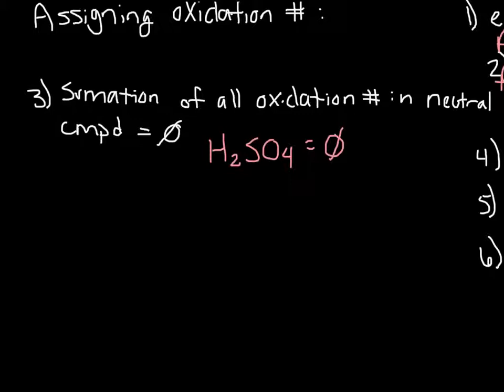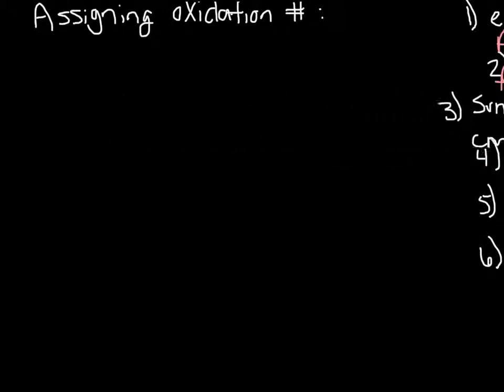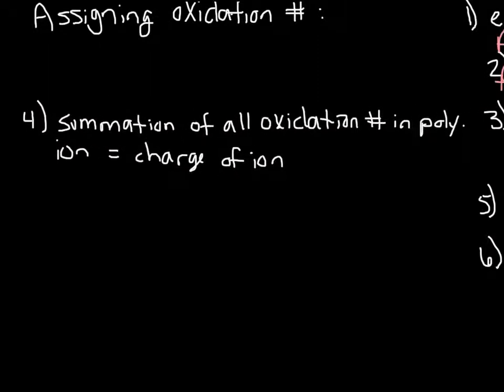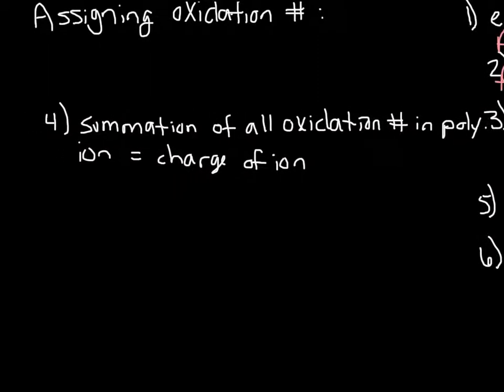And that way, there's no overall charge. Something else, sorry, to add in part 3: if there is a charge on the compound, you need to take that charge into account for what the oxidation numbers will be. And we'll do some examples of those.